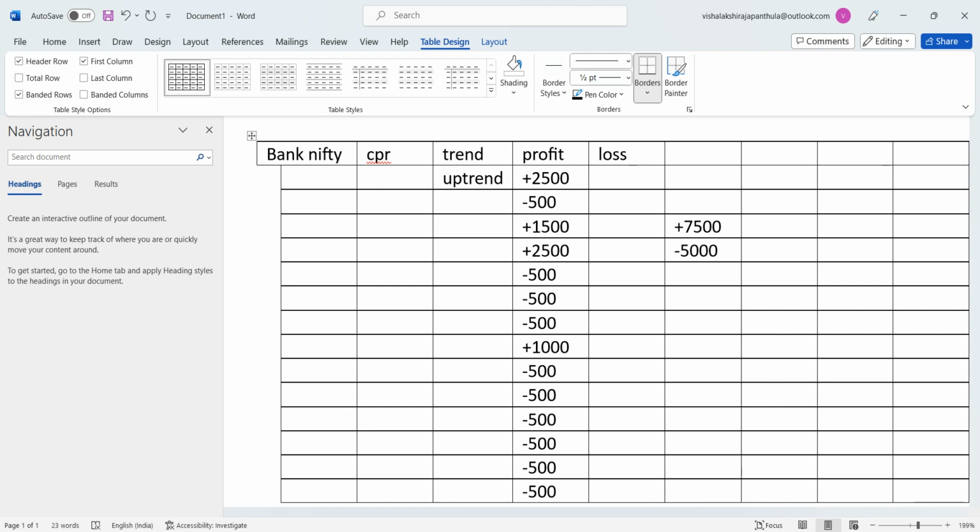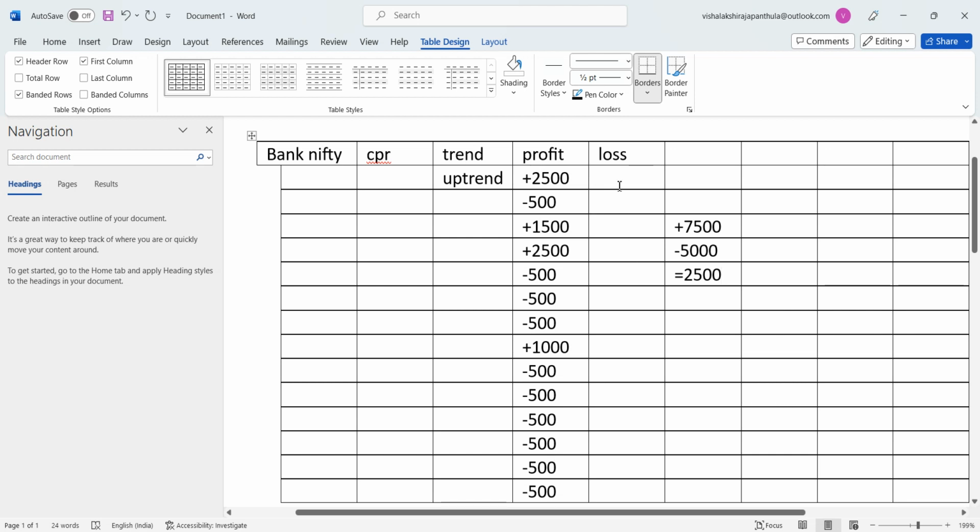Now what is the result here? 2500 rupees. This is your profit by trading the day. The profit has come to you on the very first day, but we are doing it throughout the month.